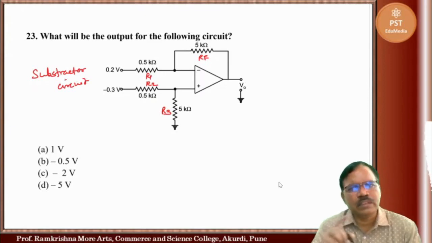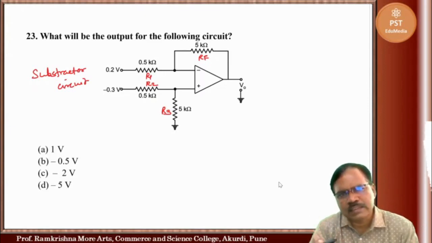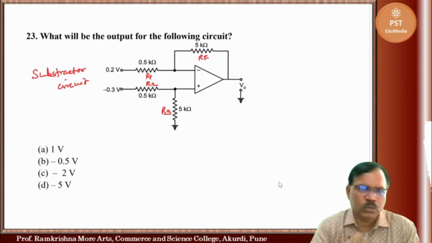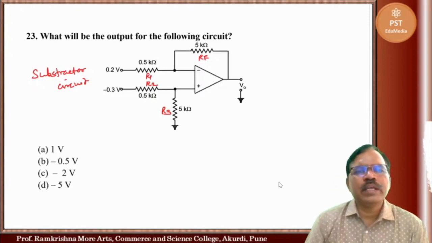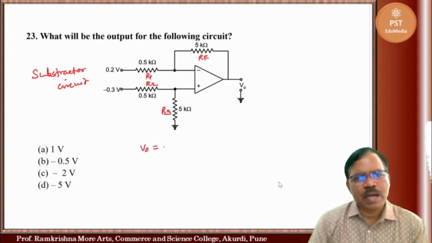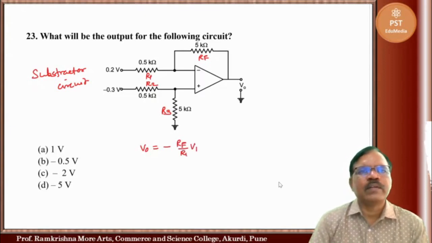So input is given to inverting terminal as well as non-inverting terminal. So the resultant output is due to both. So here we get V0 is equal to, in this case, minus RF upon R1 into V1. I will call this V1, this V2.